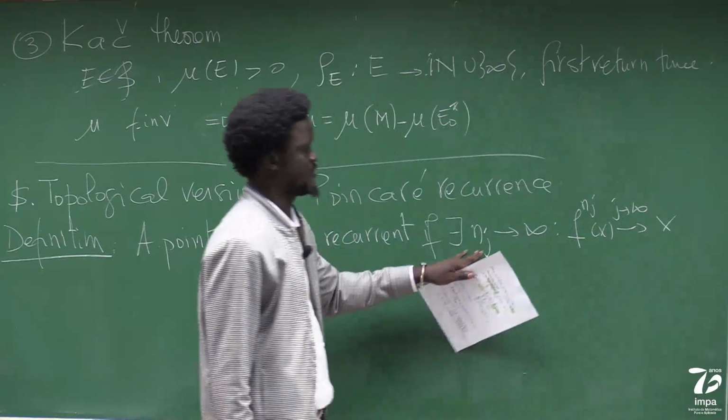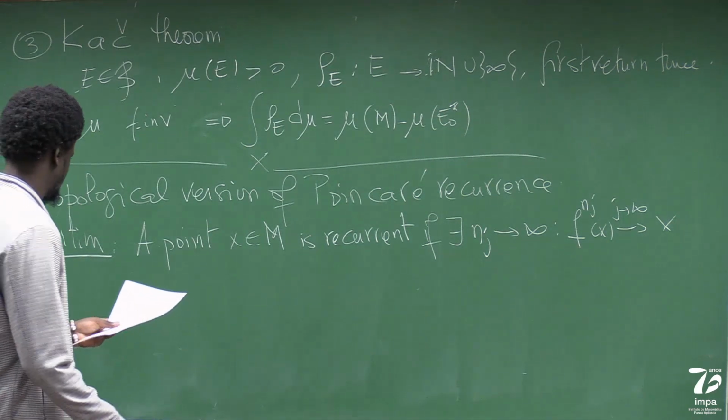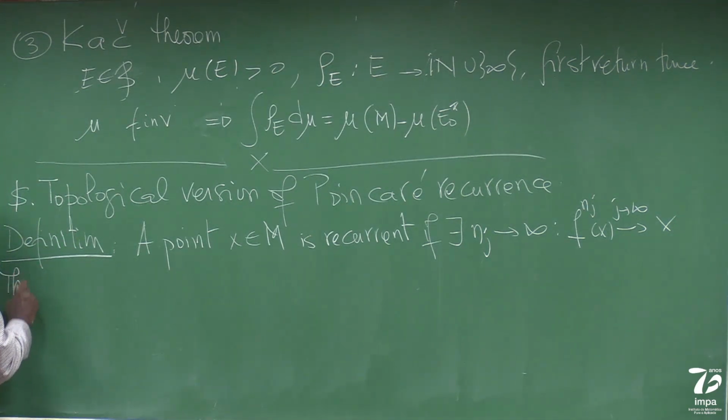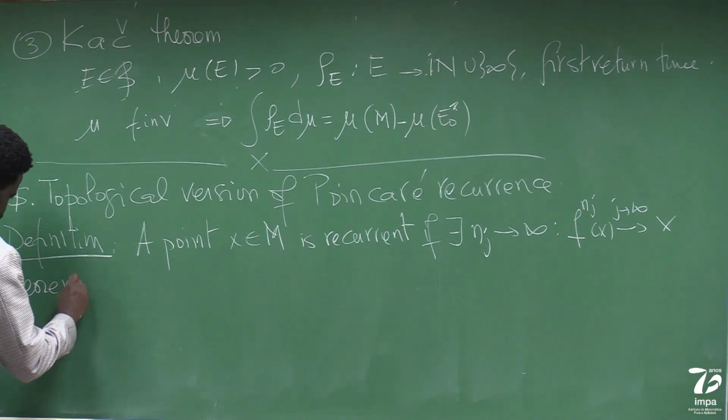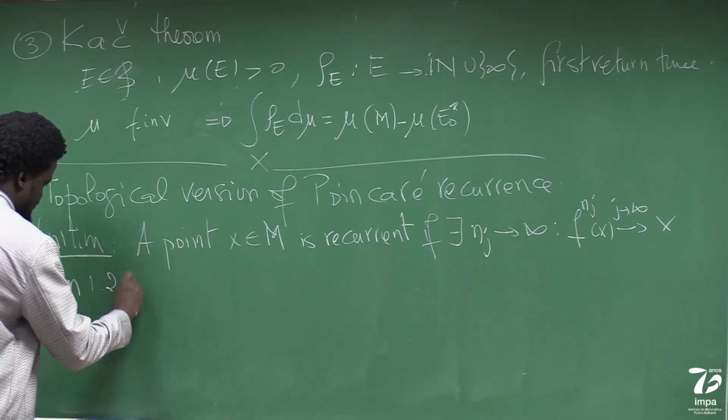If you have a subsequence that approximates it. Now there is the topological version of Birkhoff of Poincaré recurrence theorem. The theorem is in the book, if you want to check it, it is 1.2.4.